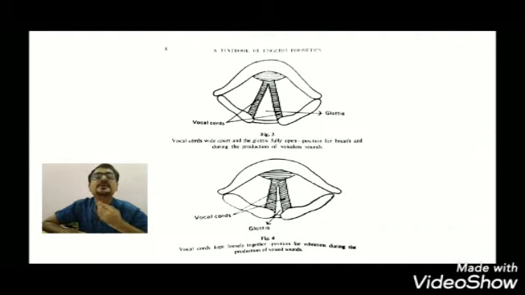Let us touch our Adam's apple and say the s sound many times, like the hissing sound, and there is no vibration. Now we will say the buzzing sound, buzz, z, buzz, z. When we say the z sound, we feel a vibration in our throat.